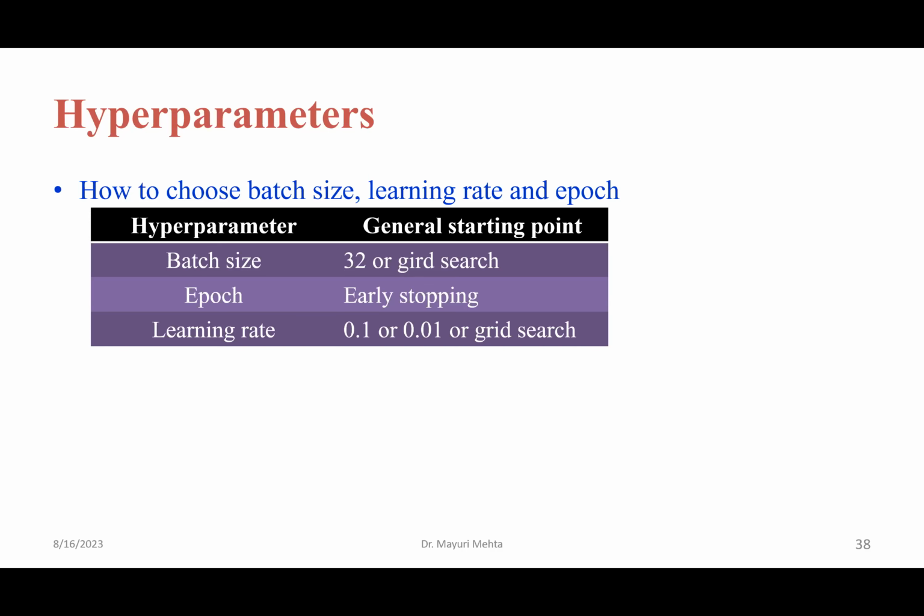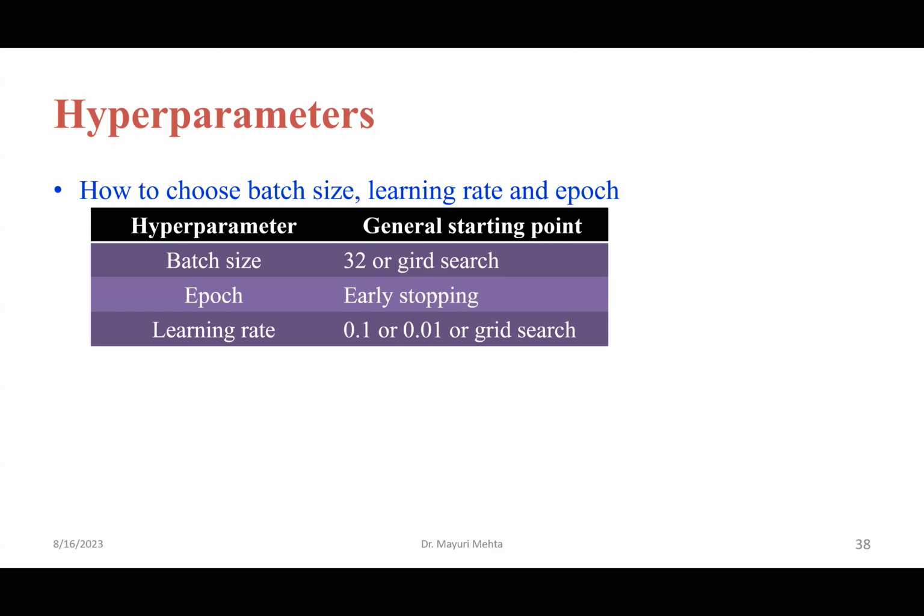Then based on performance, we set one value for batch size. Similarly for epochs, and similarly for learning rate. So the settings which we make initially are not the final settings for these parameters. They are only initial settings, and then based on performance and experiment results, we optimize these parameters through experimentation.